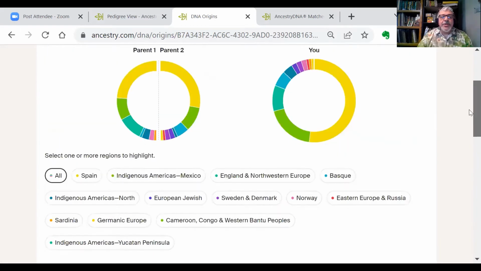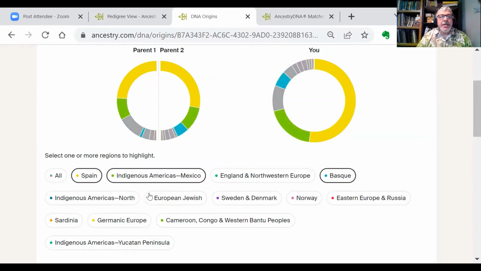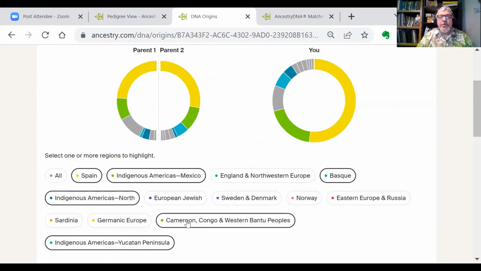So the first thing I want to do is show you what I would consider my Mexican American ancestry, and that would be Spain, Indigenous Americas, Mexico, Basque, Indigenous Americas North, and Indigenous Americas, Yucatan Peninsula, and possibly this Cameroon, Congo, and Western Bantu peoples, okay?